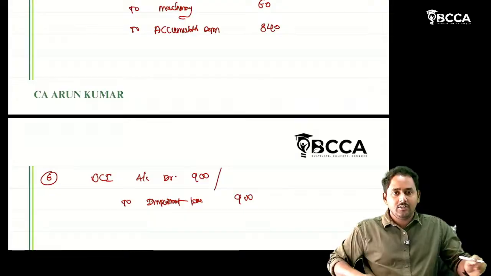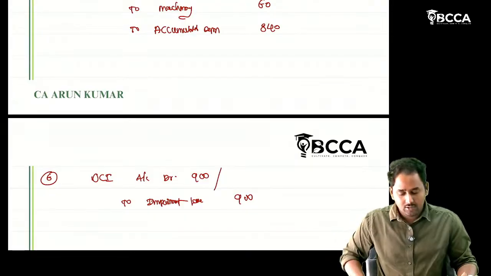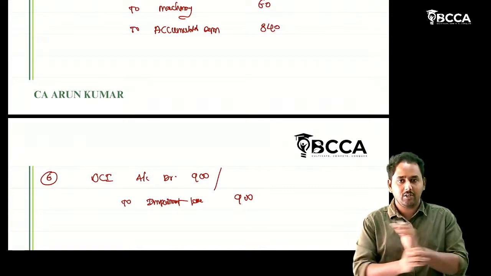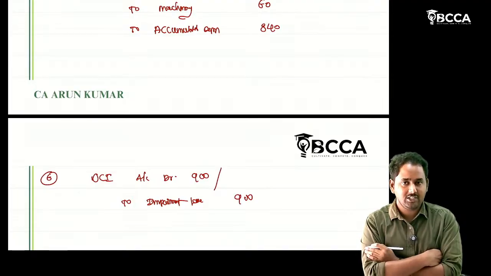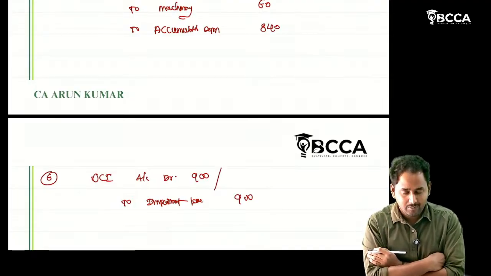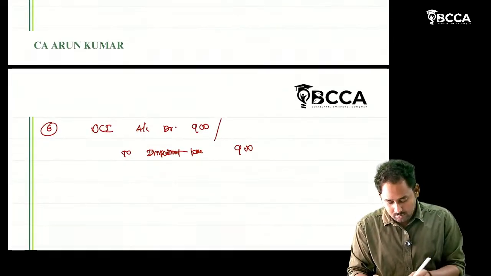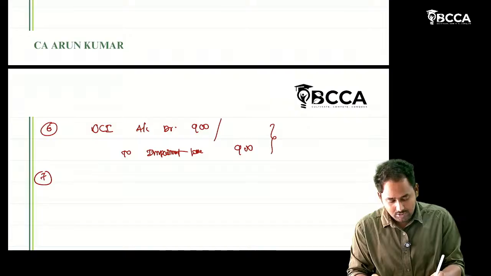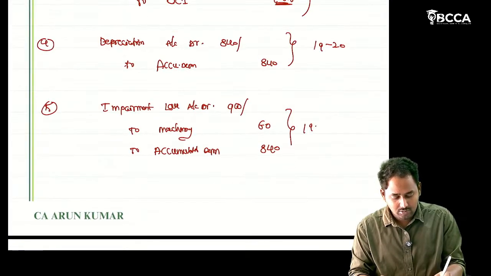Did you understand? Generally impairment loss should be transferred to the P&L, so P&L account debit to impairment loss. That is the journal entry. But here there is a balance in OCA. So the impairment loss should be set off against the OCA balance, and the remaining balance should be transferred to P&L. Done. So all these are related to 1920.